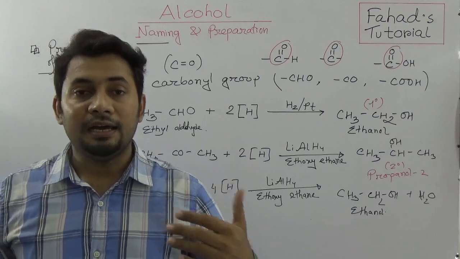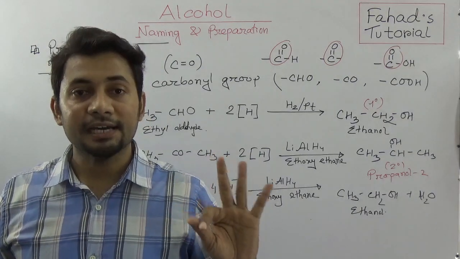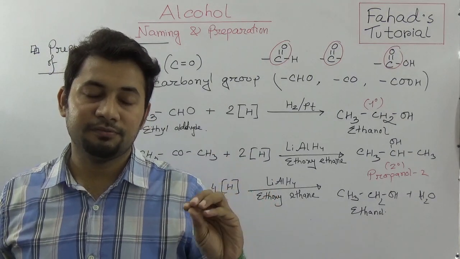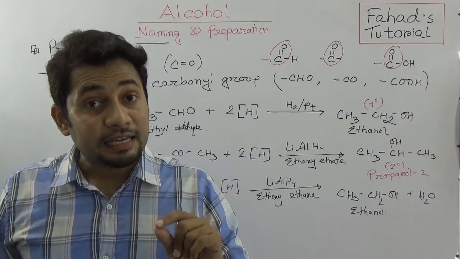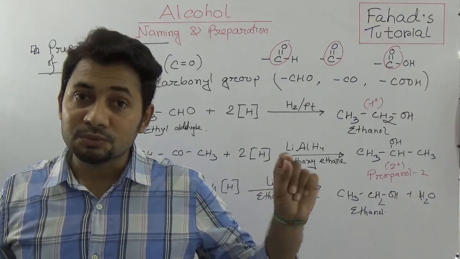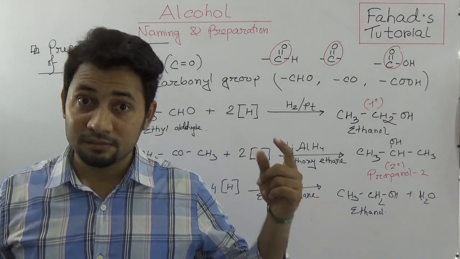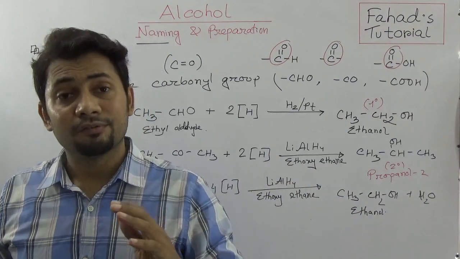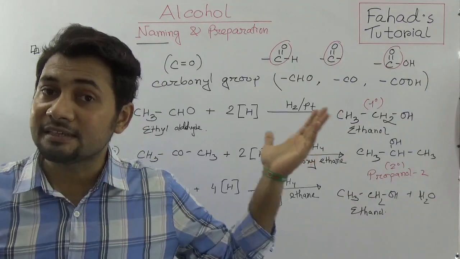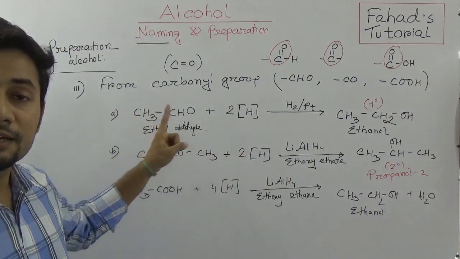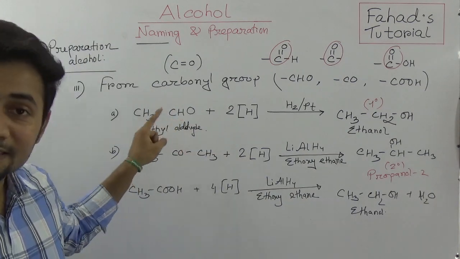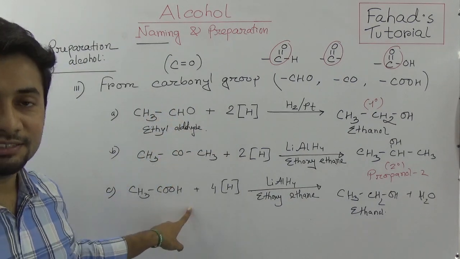So I have already explained 3 types of alcohol preparations. Number 1, alkyl halide is reacted with aqueous sodium hydroxide solution, then from alkene to alcohol, and then from carbonyl group to alcohol. So you can also produce alcohol from aldehyde, ketone and fatty acid.